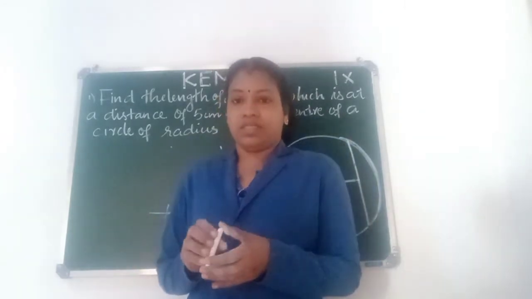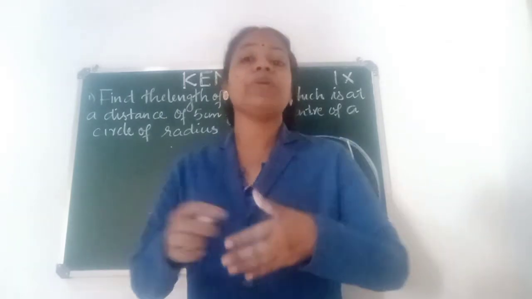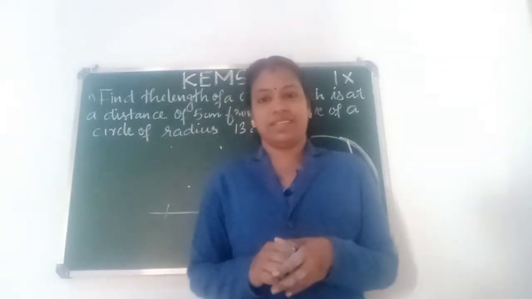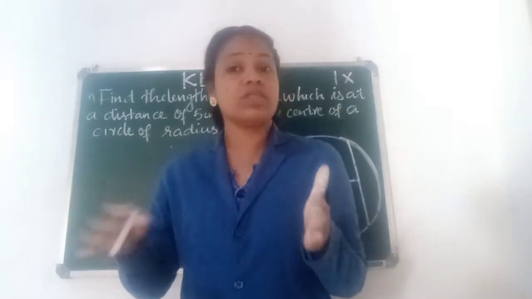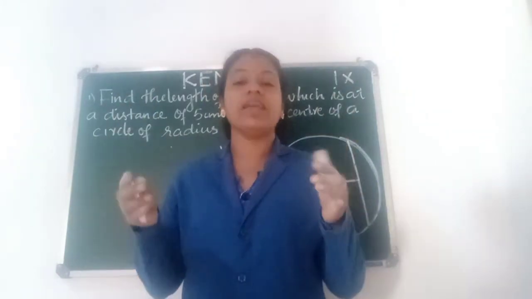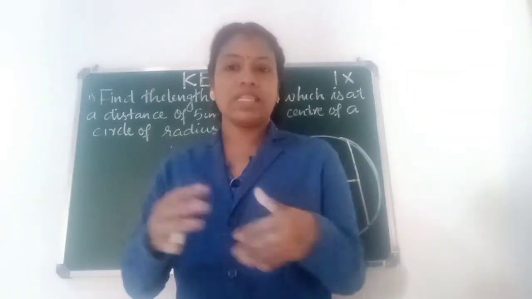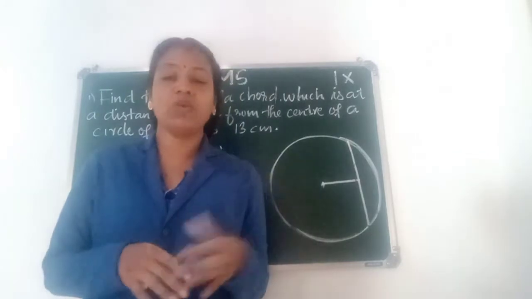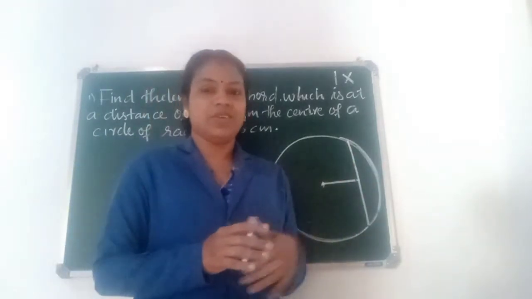Now the third one. Equal chords of a circle are equidistant from the center. If the chords are equal, then they have equal distance from the center. Look here.